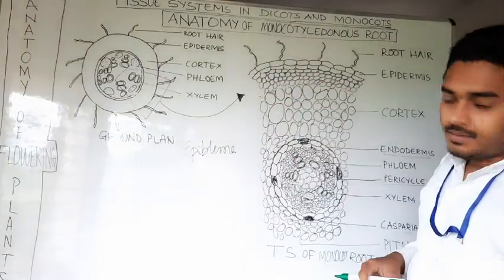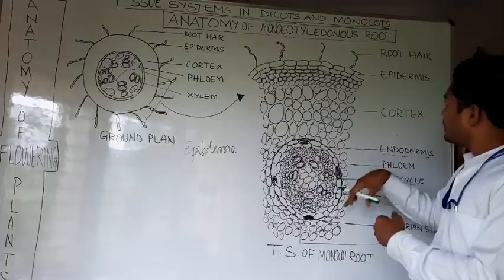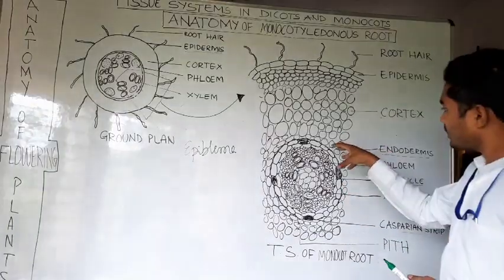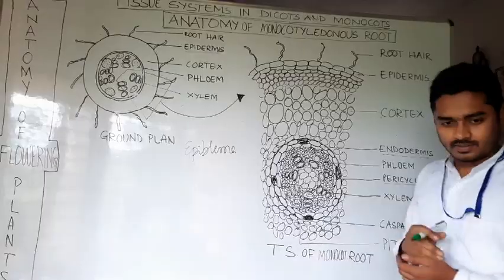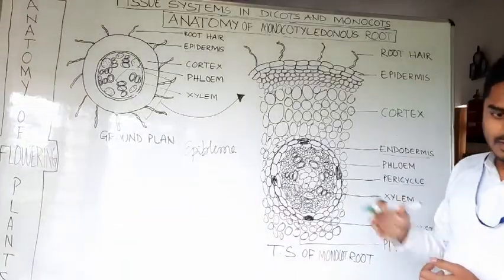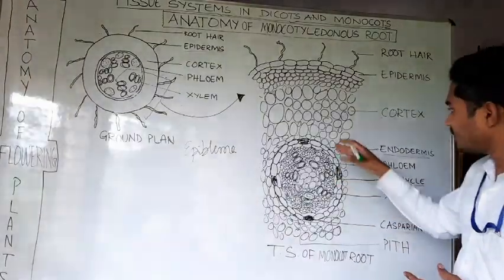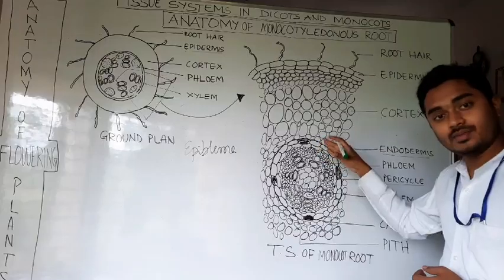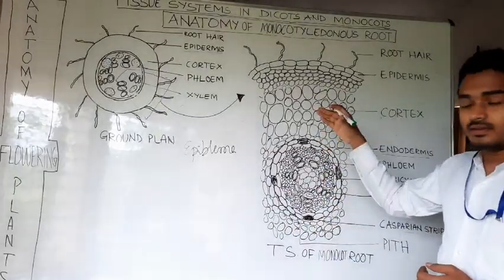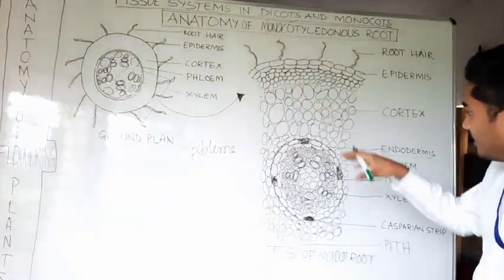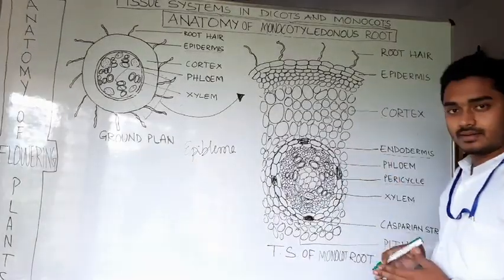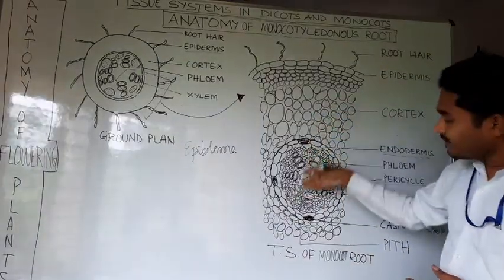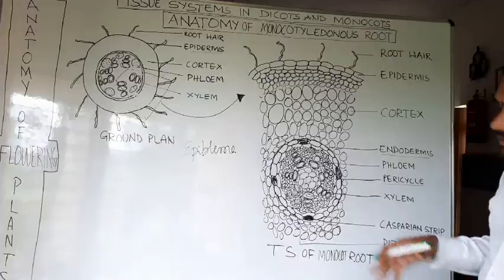And beyond the cortex, the innermost layer is the endodermis, and in this endodermis there are Casparian strips. In some of the cells, the walls get deposited with suberin, and these Casparian strips prevent the water from entering the xylem.